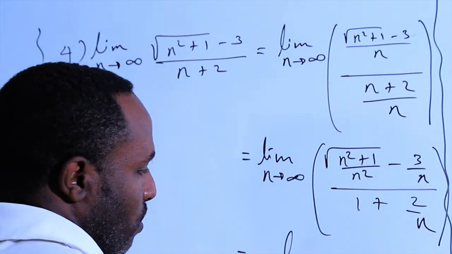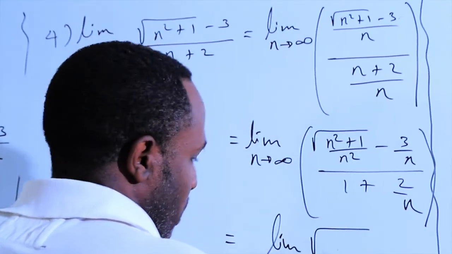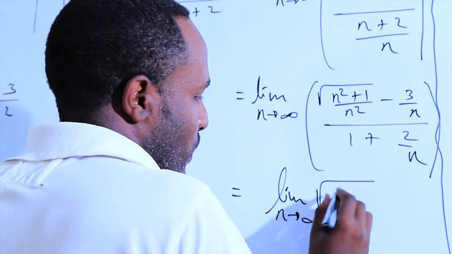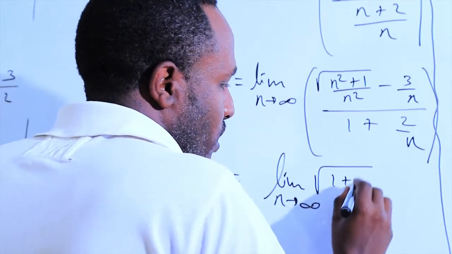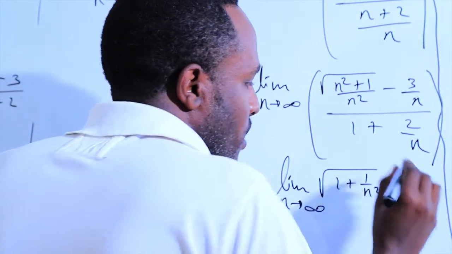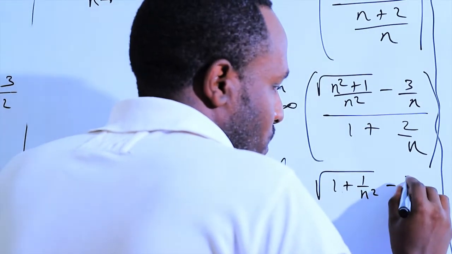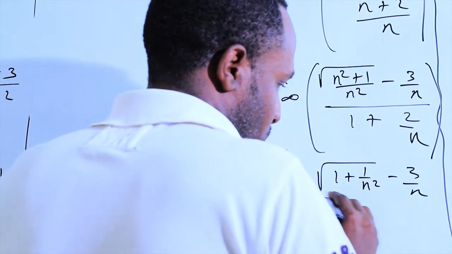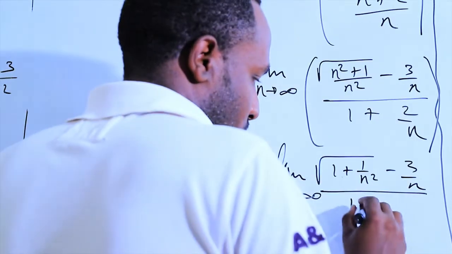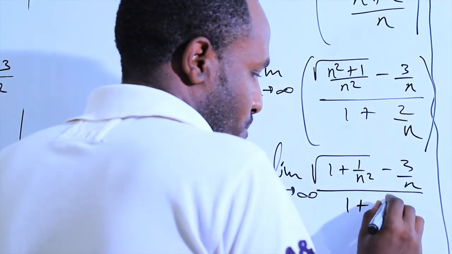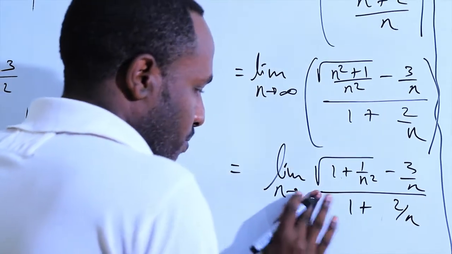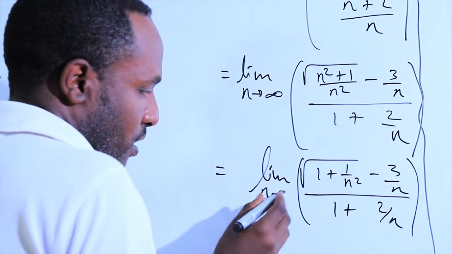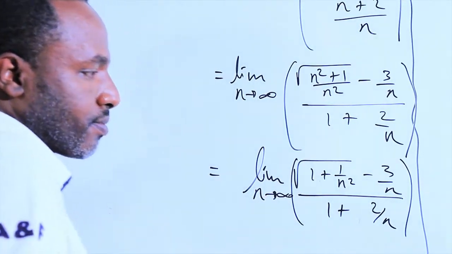So this is exactly equals to the limit as n tends to infinity of the square root of n square over n square, which is 1, and again 1 over n square minus 3 over n, over 1 plus 2 over n, the whole system, when the value of n approaches to infinity.